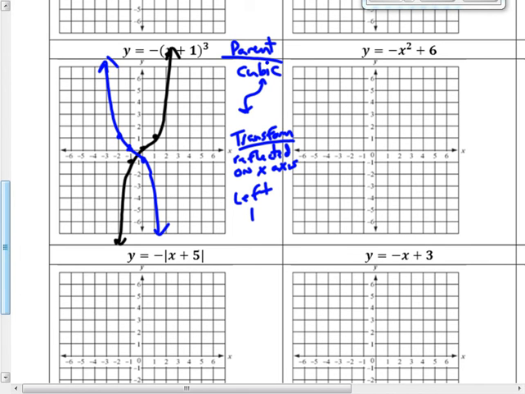Each point reflected across the x-axis. So this point, let's do this in green, this point right here reflected to down here. But then I moved it left 1 in order for it to continue with the rest of the transformation that happened.